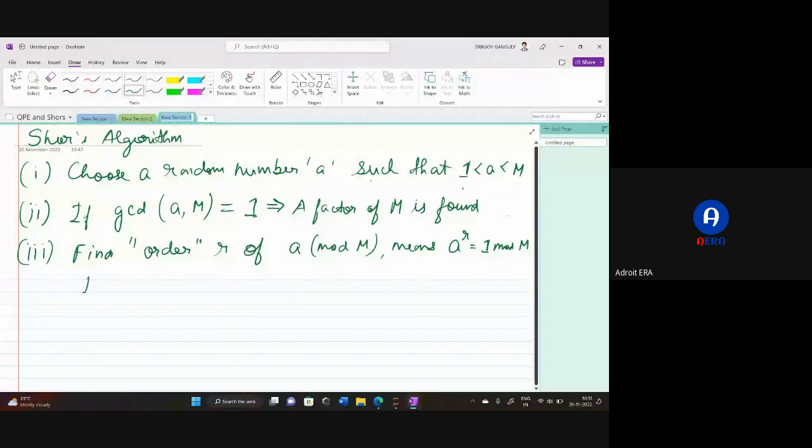Order R means when a particular pattern repeats, after a particular order, when it repeats.